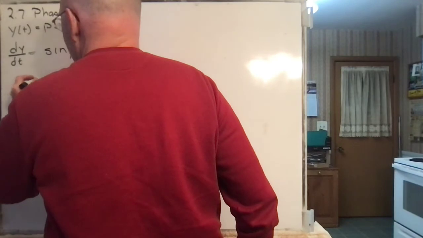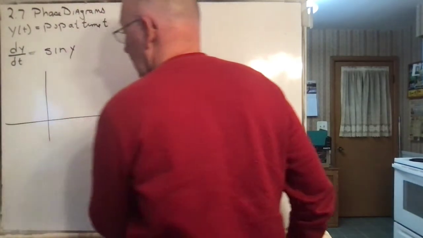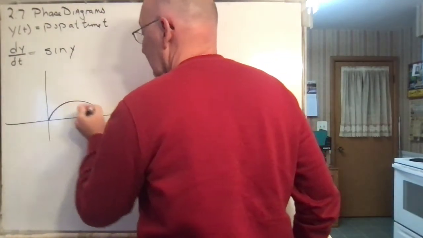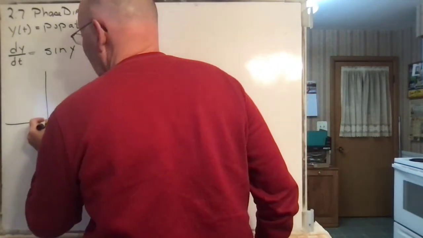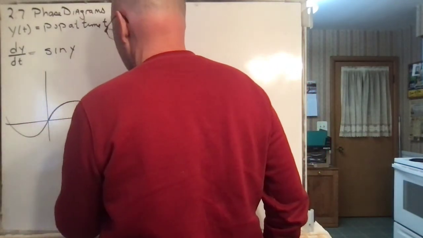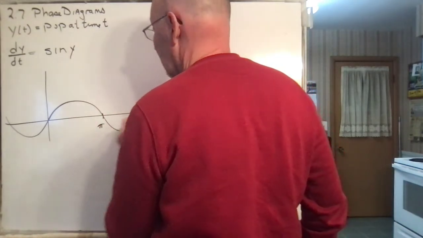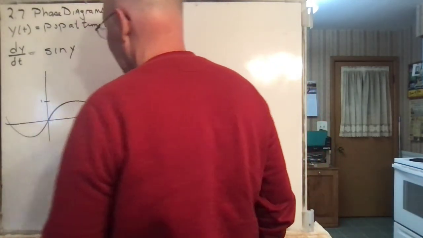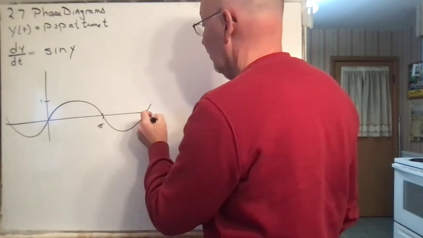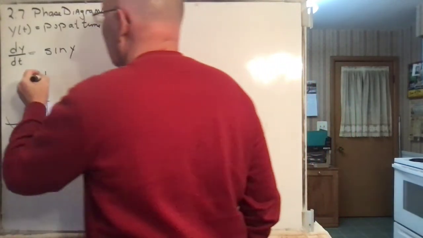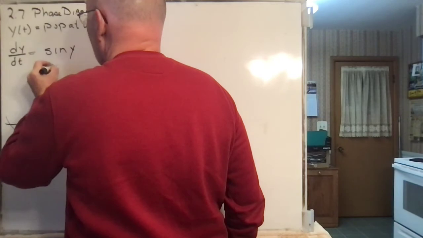Hopefully you know what sine of y looks like. That graph just looks like this. Here you are at pi, here you are at 2 pi, this goes up to 1, and so on. So here's the graph of y and dy/dt.